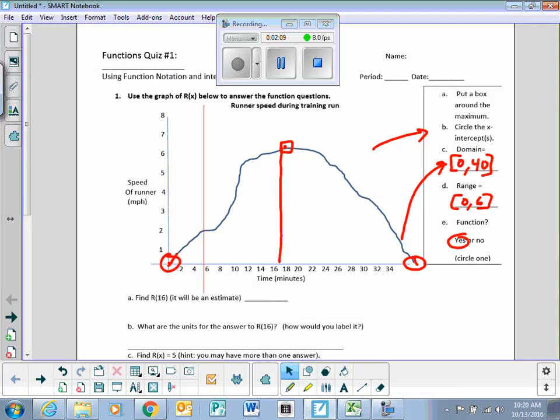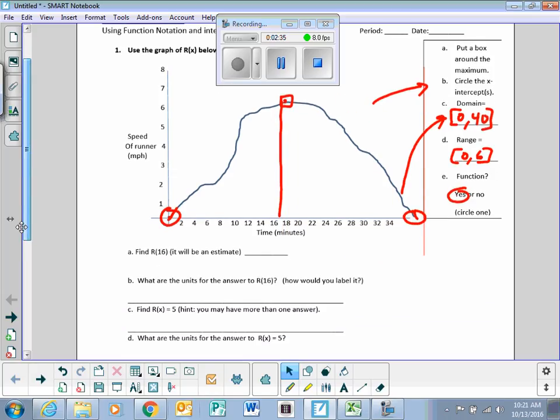If I move this across, is it ever touching more than one place at a time? It might look like it's vertical, but it's not. You can never go vertical on this graph, that would be instant travel in time, because it's the speed, and speed can't shoot up 100% at a time. So it passes the vertical line test, therefore it's a function.